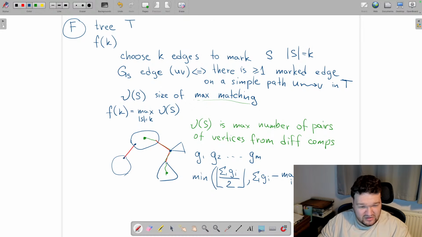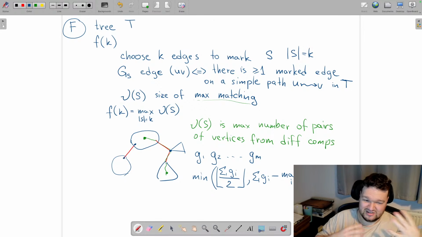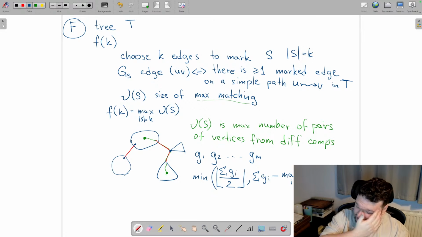Why does this bound exist? Well, because in every pair we have to use one marble that is not from the largest group. So this is the total number of marbles that are not in the largest group. Like we took all the groups and removed the largest one. And in every pair we have to use at least one of them.